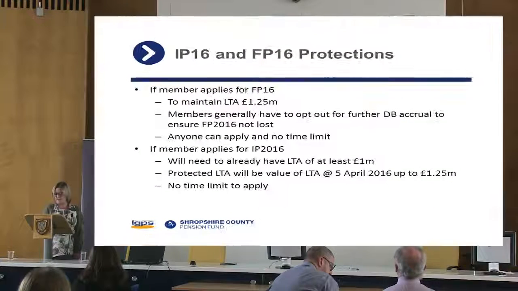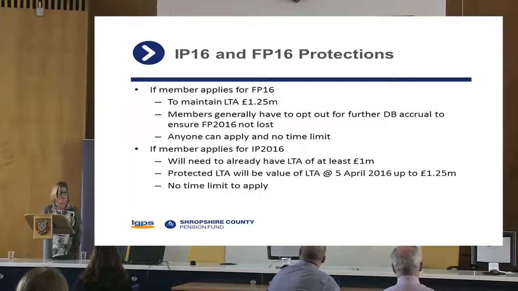If a member applies for fixed protection 2016, they can maintain the lifetime allowance of 1.25 million. However, members generally have to opt out of further accrual, because if you have further benefit accrual, you will lose the protection. Anyone can apply, and there's no time limit.